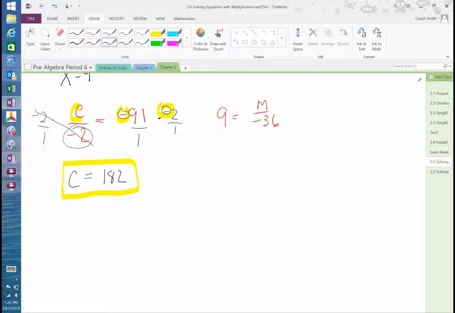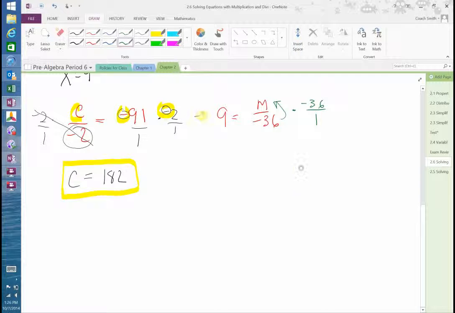Okay, Laney, what did you get for the second one? Negative what? No. What did you get, Gracie? Negative 324? Yeah. Once again, we're dividing by negative 36, so the inverse is to multiply by negative 36.